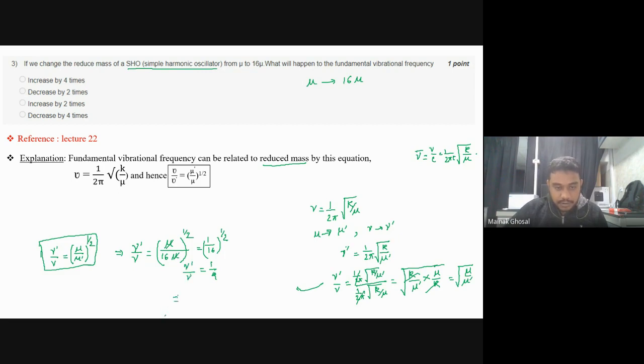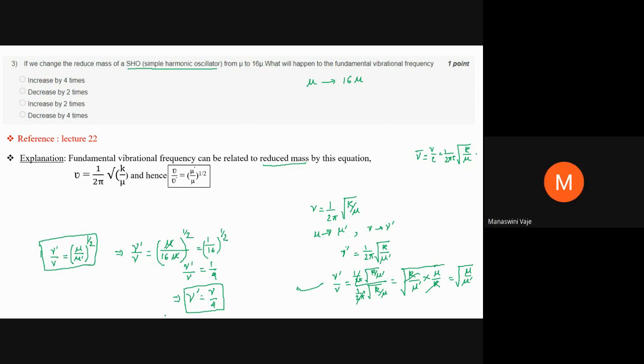So now you can do it easily. What should be the nu prime? The nu prime will be nu by 4. Okay, so your nu prime should be equal to nu by 4. Now what does it signify? Is it decrease, increase, or what?